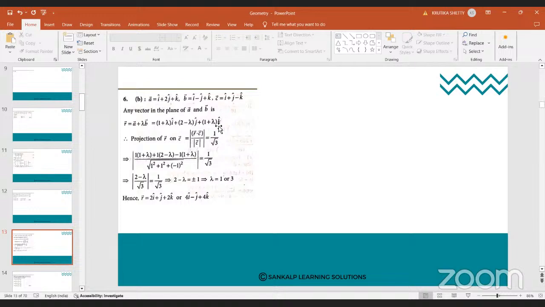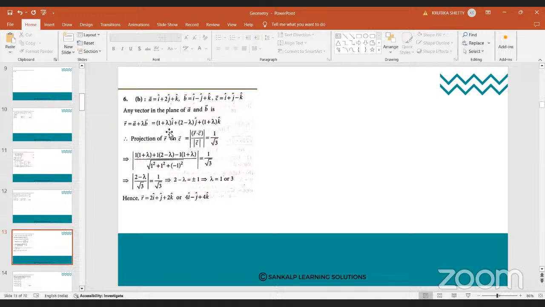Now, on projection there is a formula: the projection of a vector on another vector is the dot product divided by the mod of that vector. So r dot c divided by mod c is equal to 1 upon root 3.